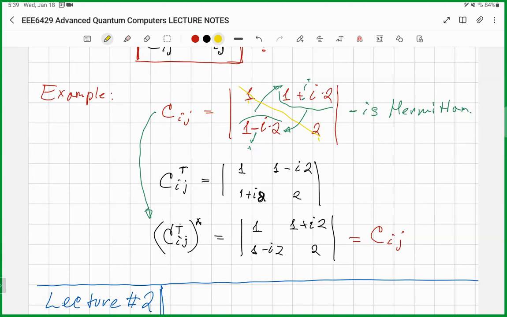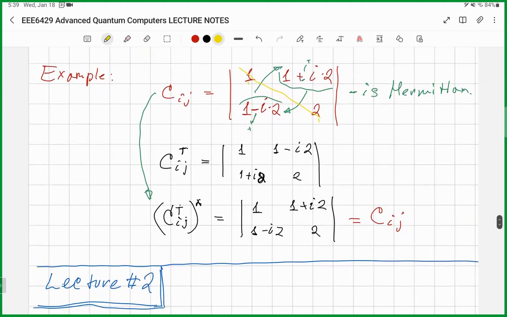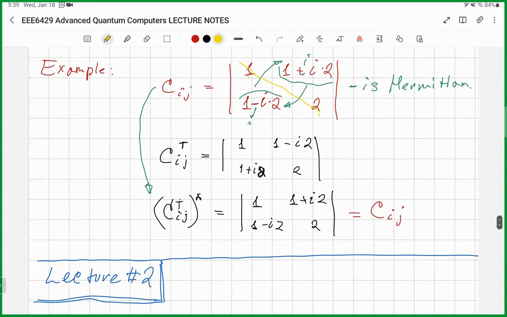As you can see, the difference is the sign before the imaginary unit. Then we took the transpose of this matrix, exchanging the off-diagonal components, and the result is here.